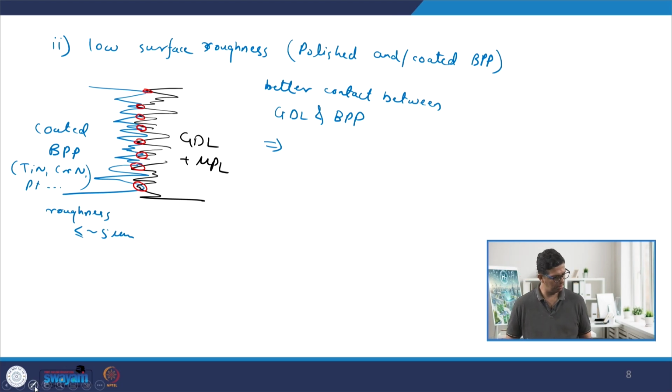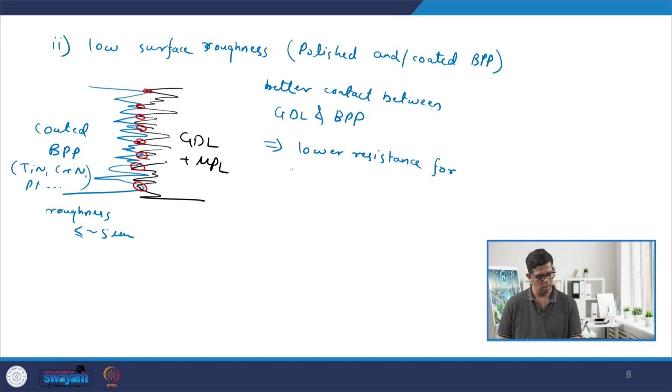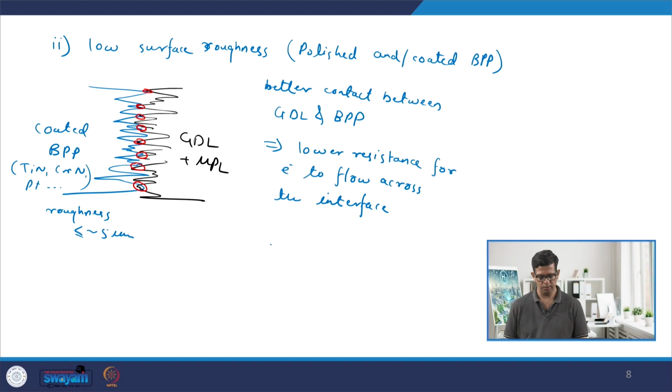So, many contact points, and that is what leads to lower resistance for electrons to flow across the interface. And as we know, once we have low resistance across this interface, in other words, the contact resistance will be lower.